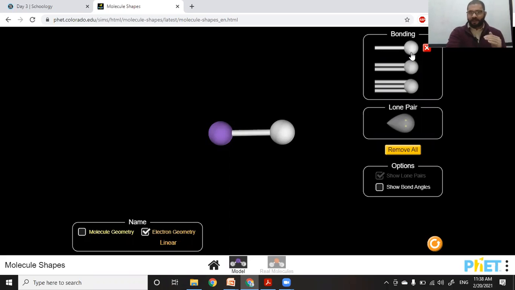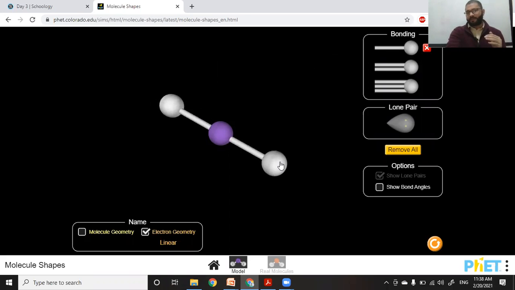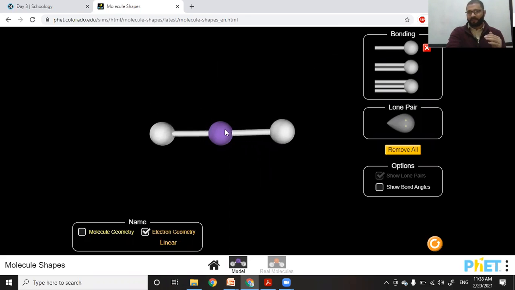And if we have three elements, and there isn't any lone pair of electrons, which we will discuss in our next examples, so there are only bonded electrons, at that time the bond angle would be 180 degrees. You can see it's 180 degrees, and the molecular geometry would be linear. It is here in front of you.